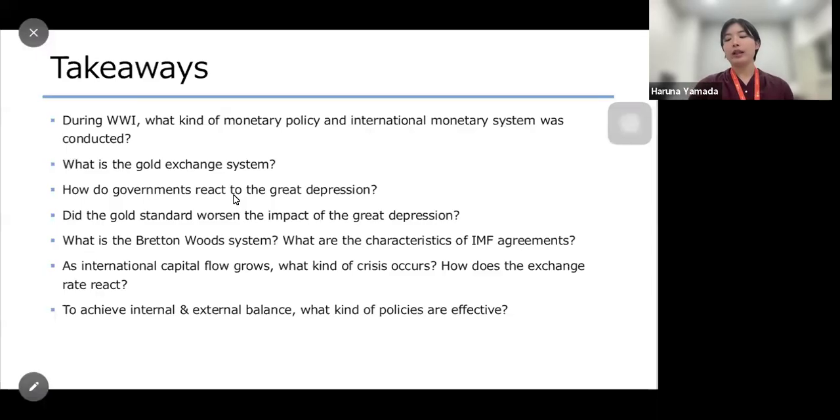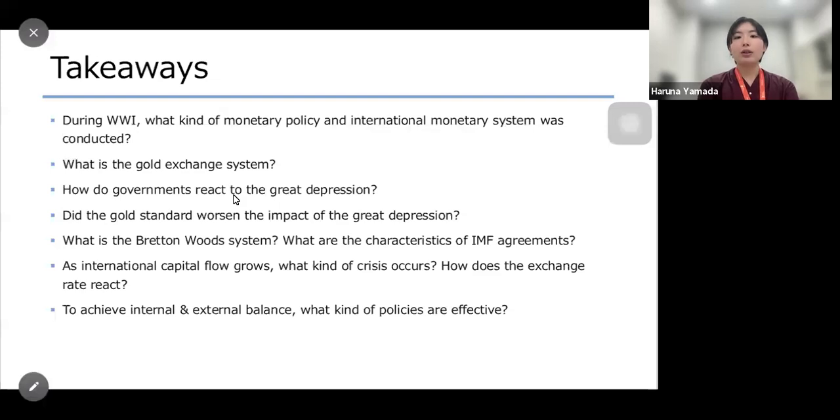Then many countries printed money, which caused inflation. The gold exchange system is different from the gold system. What was that? Please check the gold exchange system.